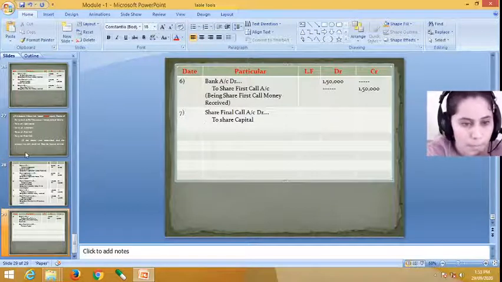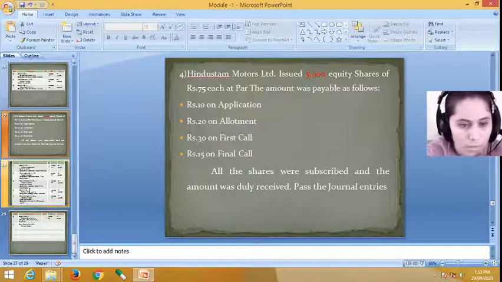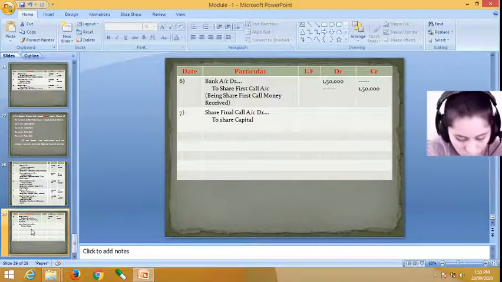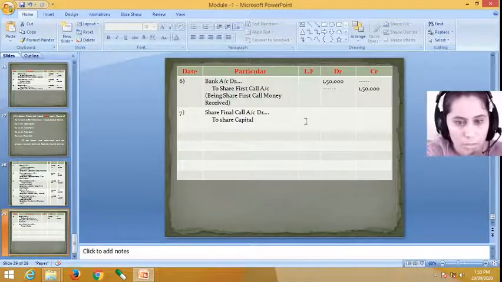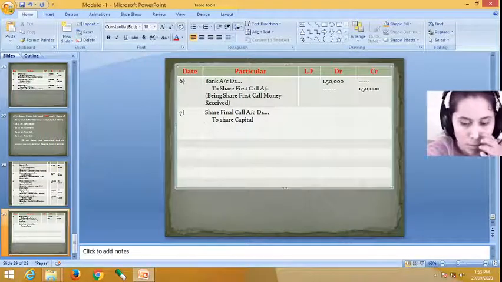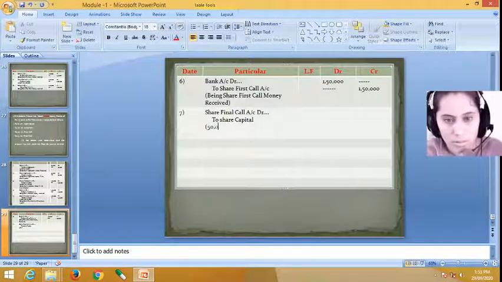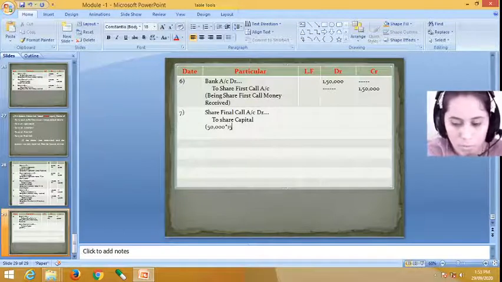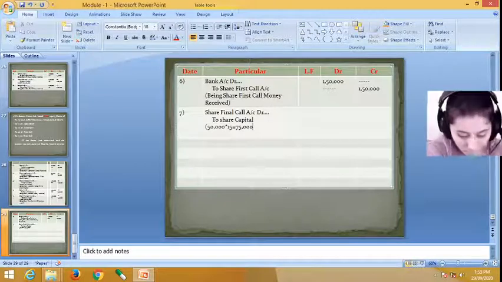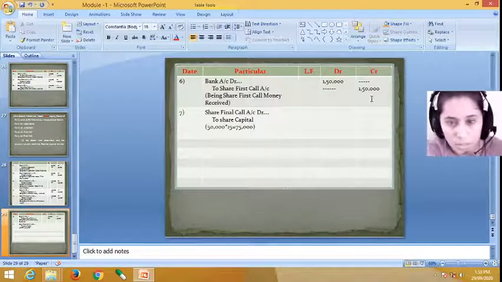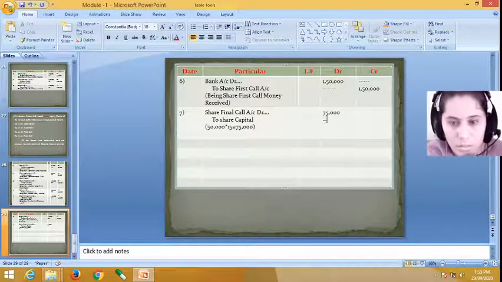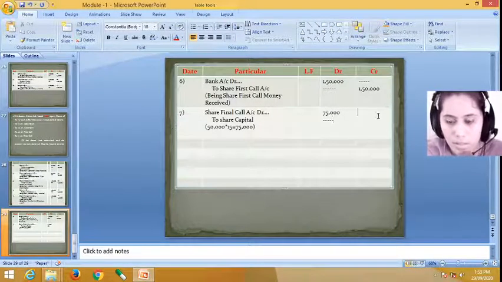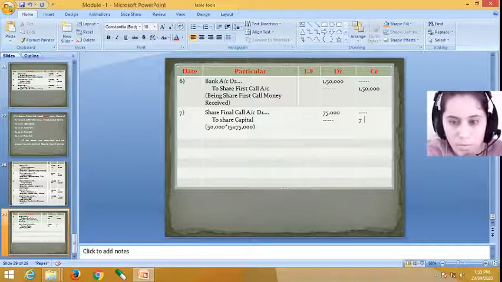What is the final call amount? 15. The number of shares is 5,000. So 5,000 into 15 is 75,000. So debit 75,000, credit 75,000.